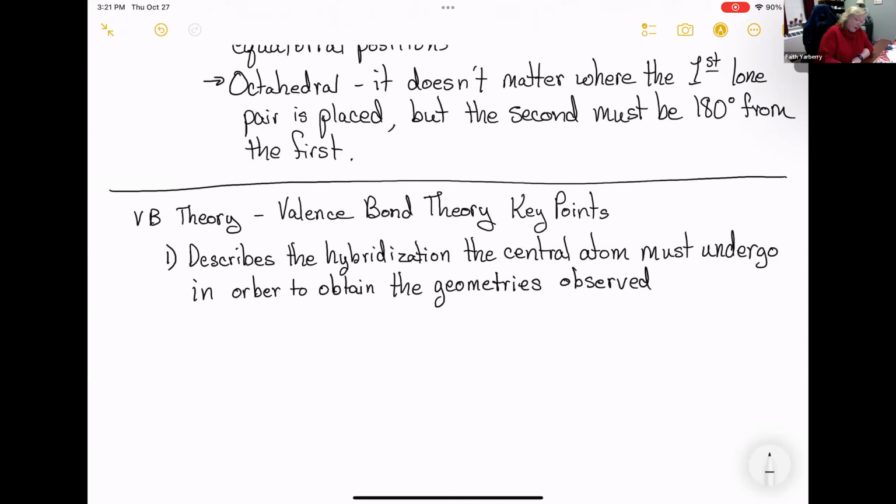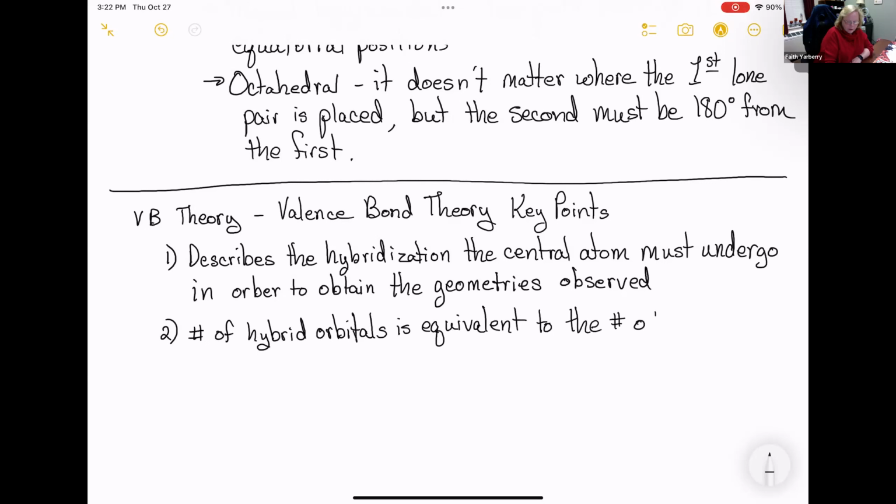Now, the number of hybrid orbitals is equivalent to the number of atomic orbitals that mathematically combine.